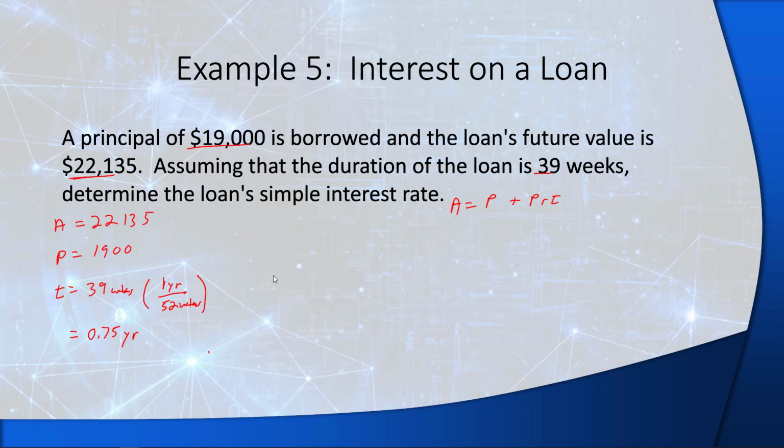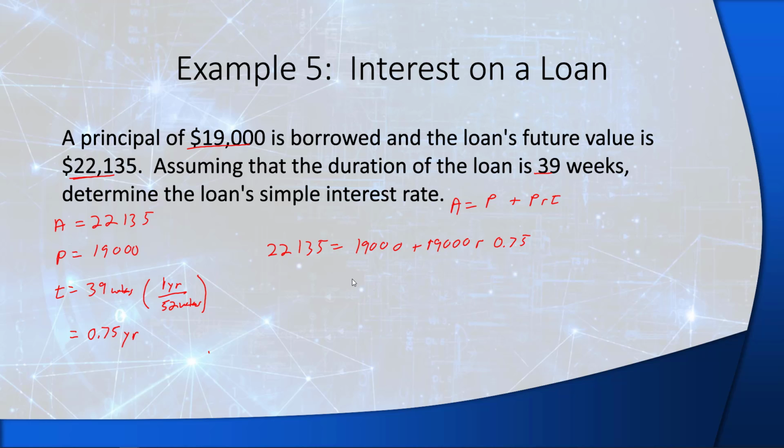Okay, applying all these to our formula, we are going to have 22,135 is equal to 19,000 plus 19,000 times R, because we don't know what that is yet, times 0.75.